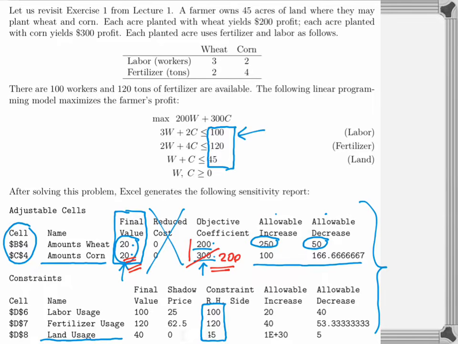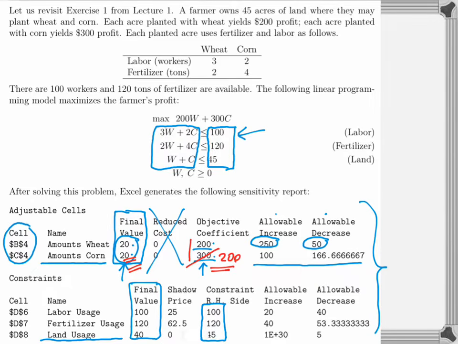The final value down here in the constraint table simply refers to, well, what did the left part of your constraints turn out to be after you solve the problem? Meaning, once I know that W and C equal 20 each, I can calculate the values on the left-hand side of the symbols, and those turn out to be whatever the final value column says, right?